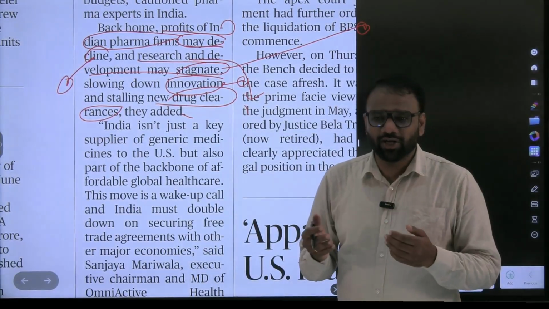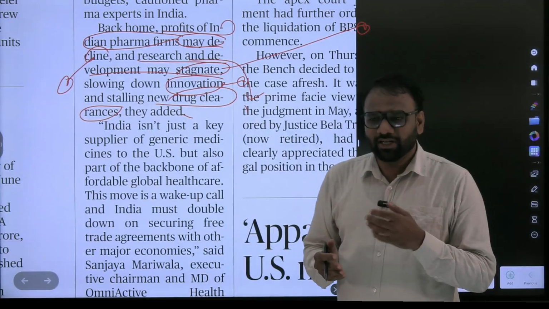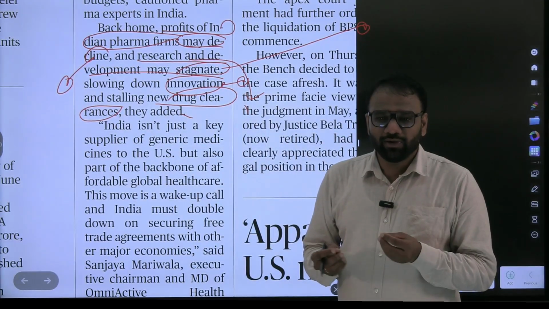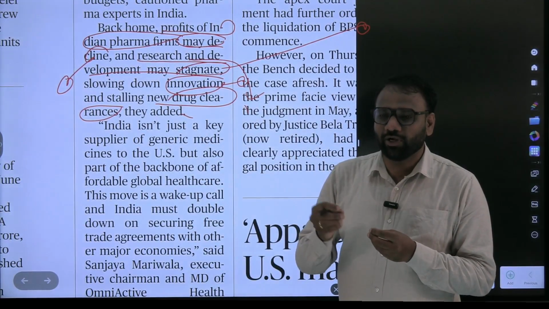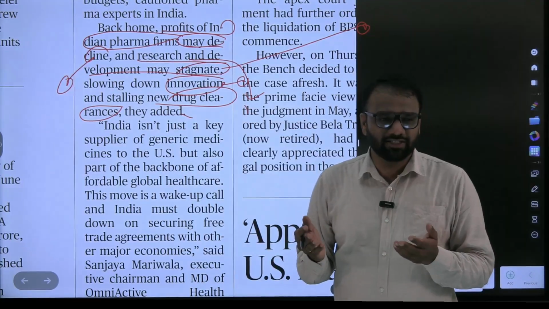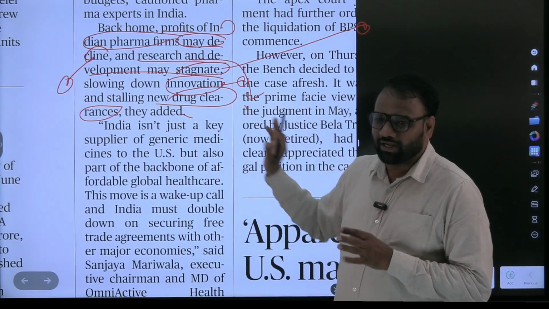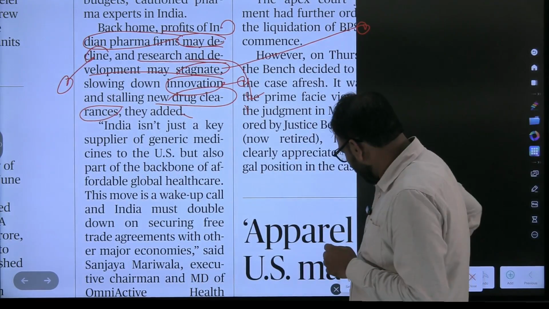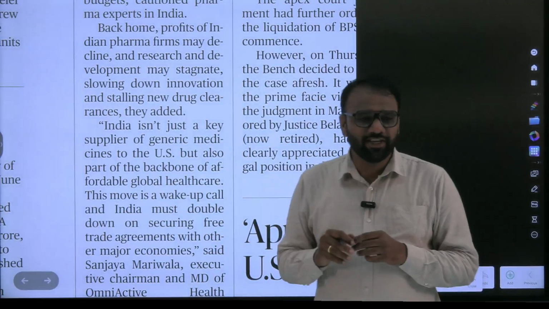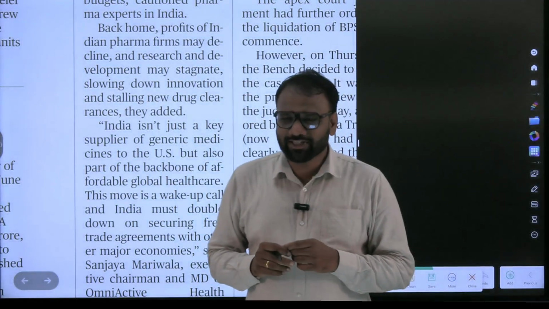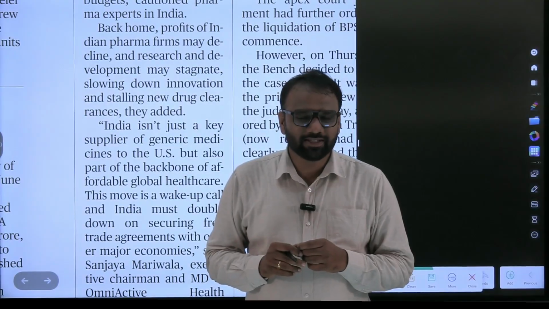Before that we have an authority called CDSCO, the Central Drug Standard Control Organisation, which we will discuss later. They check the standard, whether the drug is as per expectation, whether it is really going to cure or not. These are called drug clearances. So automatically drug clearances will also come down. Now in these two paragraphs we saw the impact on both USA as well as India. What are the impacts on USA?